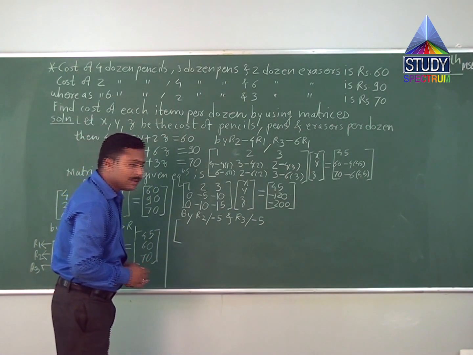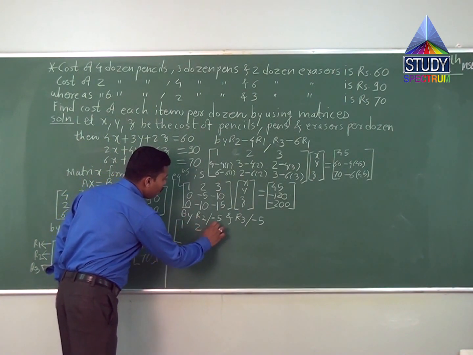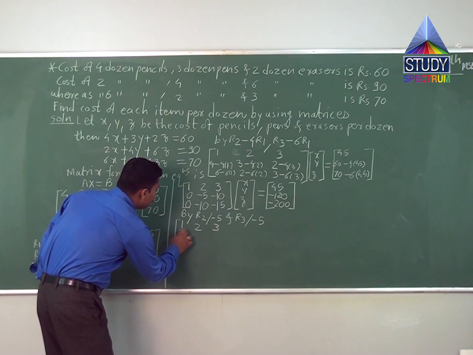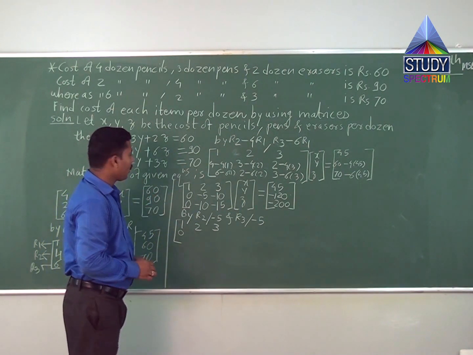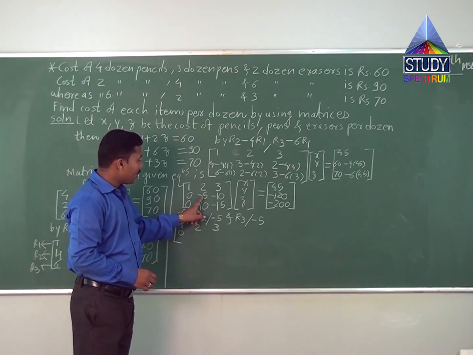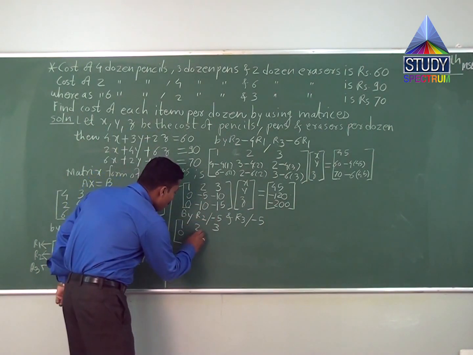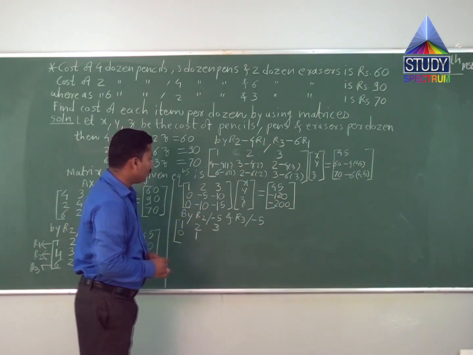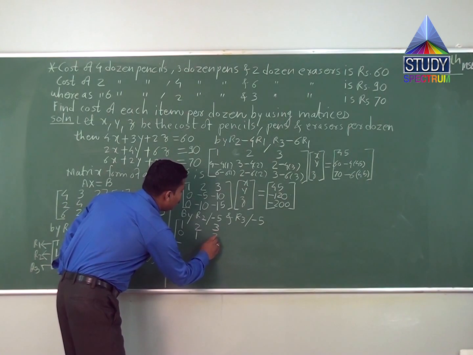First row as it is: 1, 2, 3. Second row: 0 upon -5 is 0, -5 upon -5 is 1, -10 upon -5 is 2.